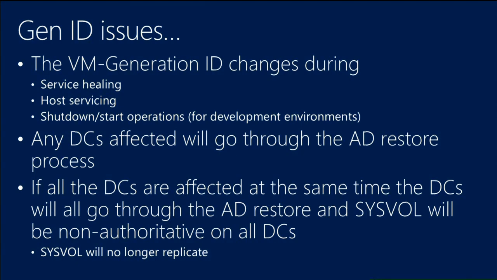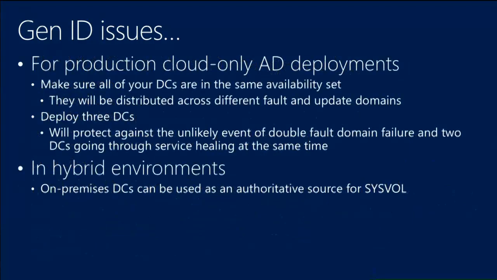AD will replicate beautifully, except sysvol is non-authoritative on this server, non-authoritative on this server, non-authoritative on this server, and they all sit there saying, where's an authoritative sysvol? There isn't one. All right? So that's the situation we need to avoid. And the way we achieve that is for production cloud-only AD deployments, we must make sure that we use this thing called an availability set.